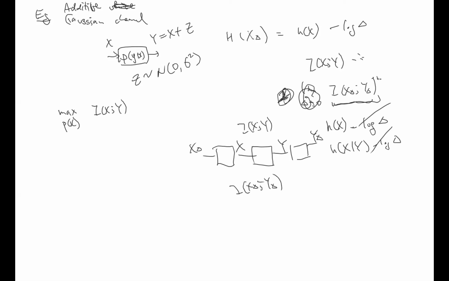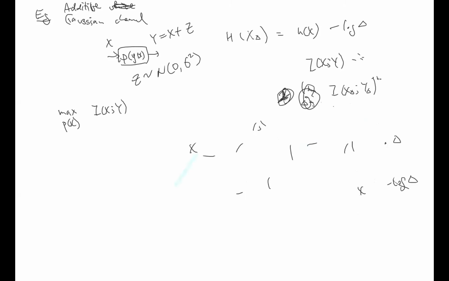So what will that be? It will be just h of x minus log delta minus h of x given y minus log delta, and they get cancelled. We really will just get back I of x y. Okay, it doesn't matter. I guess I probably confuse you more than contribute something extra.